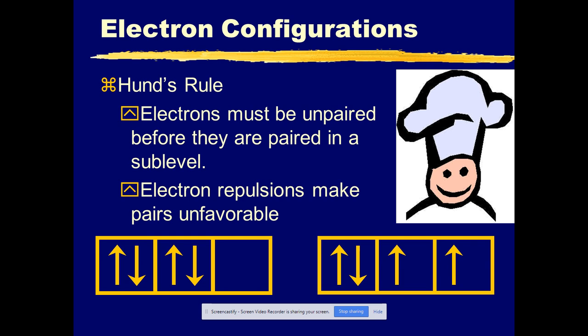The reason for this is pretty intuitive: electrons are negatively charged, so being in the same space as another electron is going to cause repulsion. And if there's an empty space in a nearby orbital, this electron is simply going to be kicked into that next orbital. And that's why this rule is true.